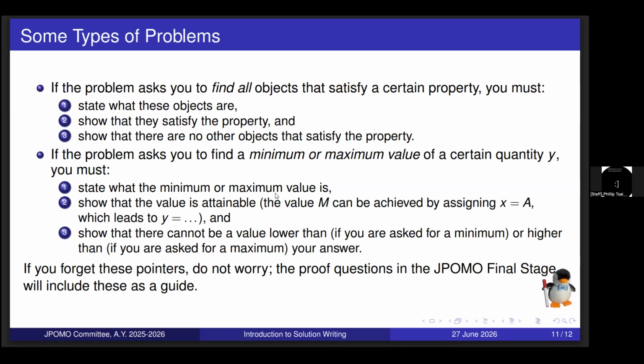It's much more helpful to actually understand what they mean and why these conditions are the case. So if you forget these pointers, don't worry. The proof questions in the JPOMO final stage will include these to guide you.